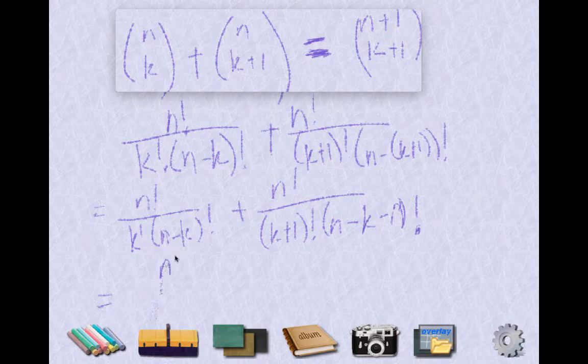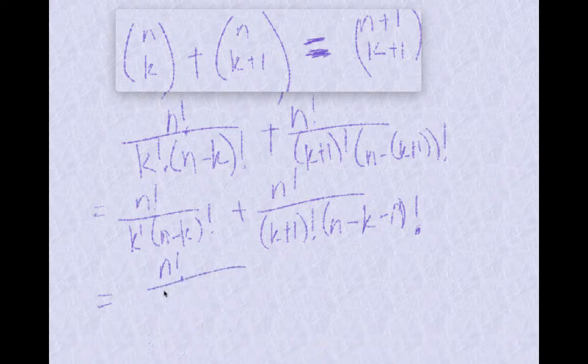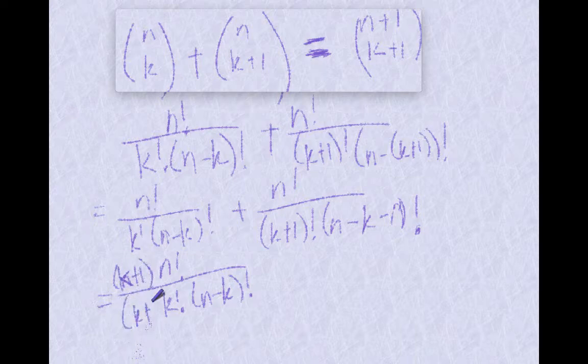Okay, so I've got n factorial over k factorial times n minus k factorial. And I'm going to multiply through times k plus 1 over k plus 1. And then for this one, I already have the k plus 1 factorial, so I'm all fine with that, but I need to have n minus k factorial.